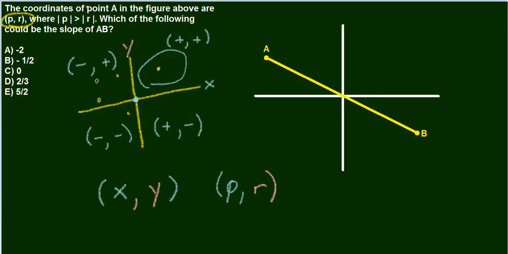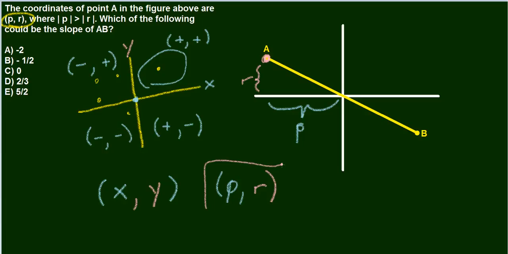So it's saying now on this coordinate plane, point A. So we can see where point A is. It's right there. It has the coordinates P, R. So we know that P is located, basically starting from the origin, in that direction, and R upwards. So we went P backwards and R upwards, right?